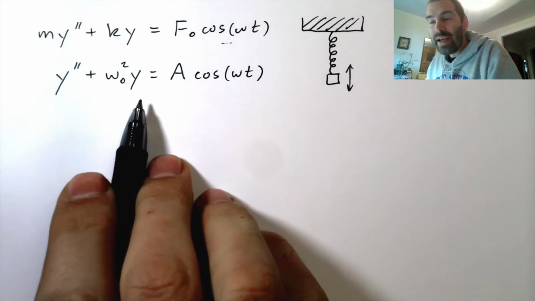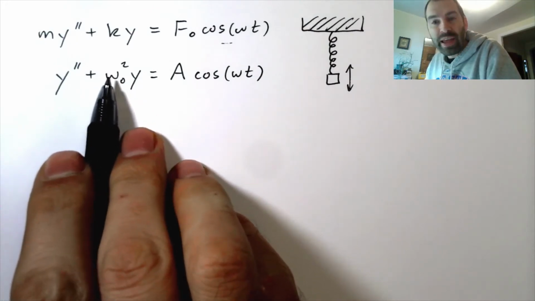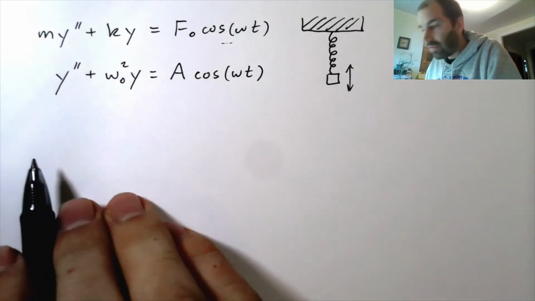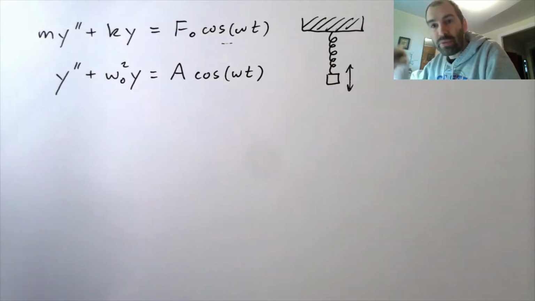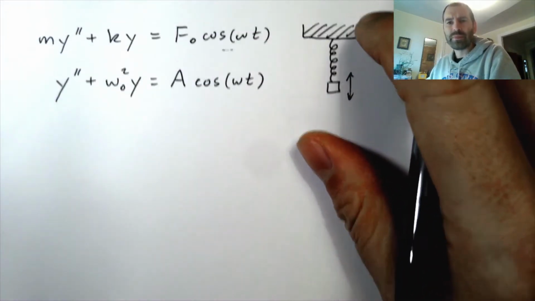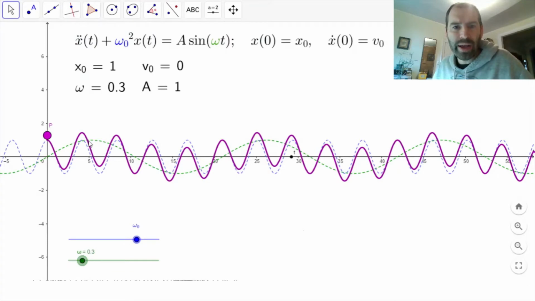Now, this omega naught is an important thing. This is the natural frequency of the spring, right? So if there was no force, that would govern the frequency at which this thing oscillates. I think we can set this up in this demo I have here.